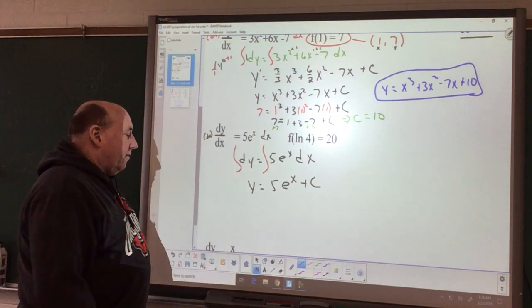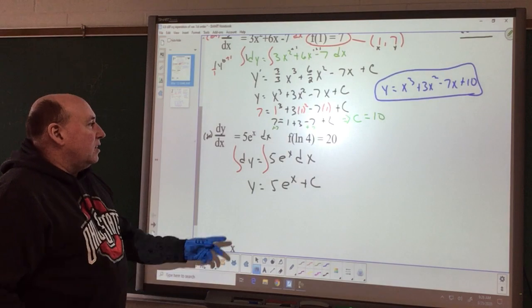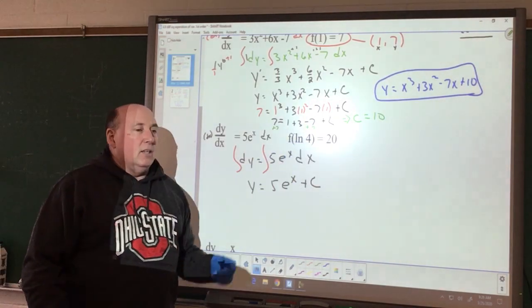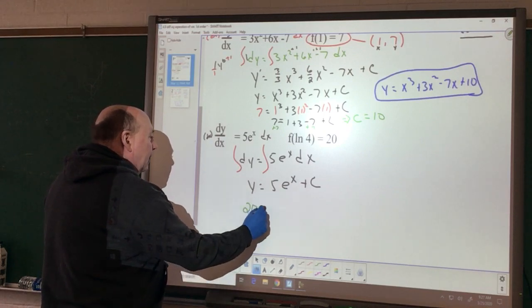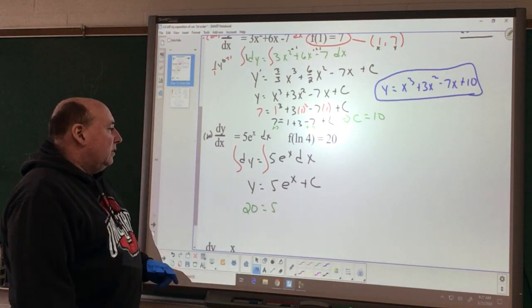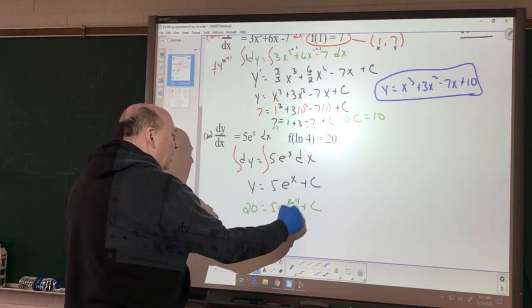We have to find the value of c. We know our function value at the ln of 4 is 20. So we have 20 is equal to 5 e to the ln of 4 plus c.